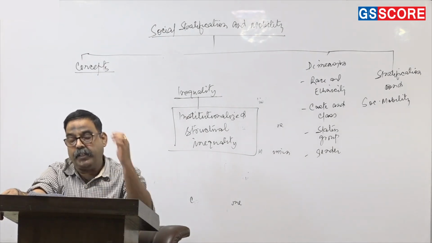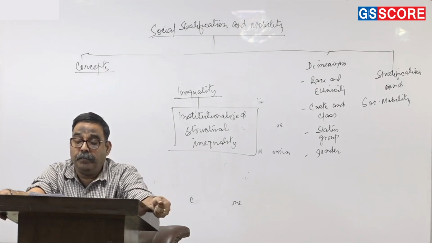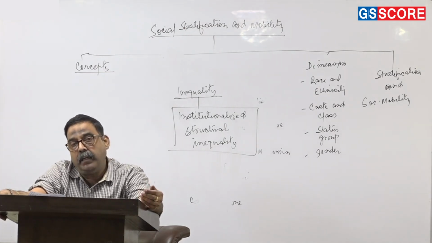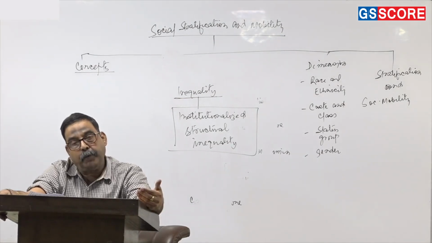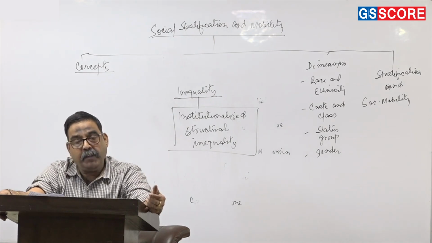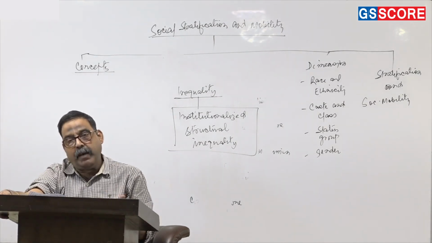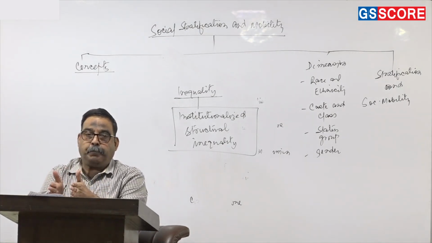Intra is within a generation. So when you talk about inter, you can compare the father with the son, or the mother with the daughter, with which the inflow-outflow table will be coming out. And intra, which is also called career mobility. So the same example which I have given, mobility within two spans of time.